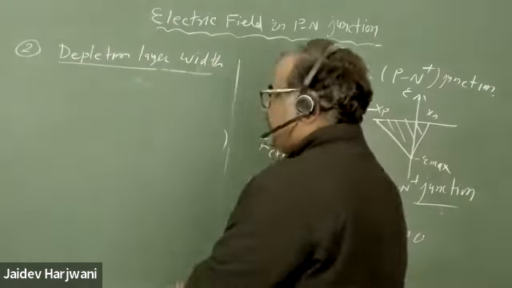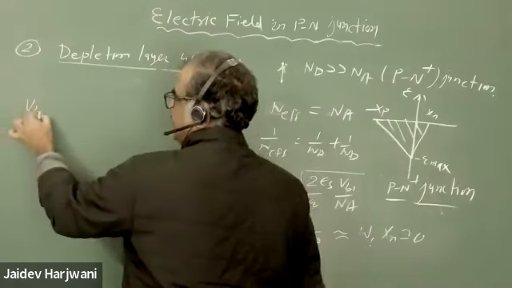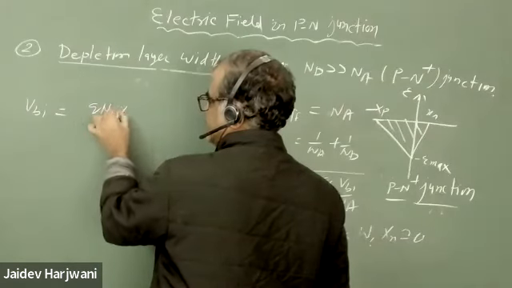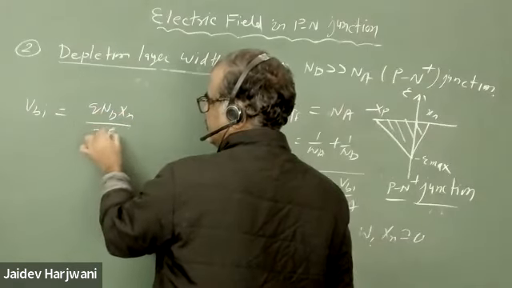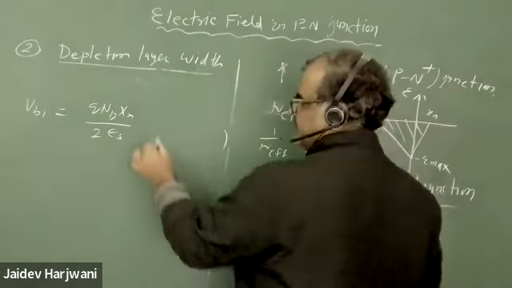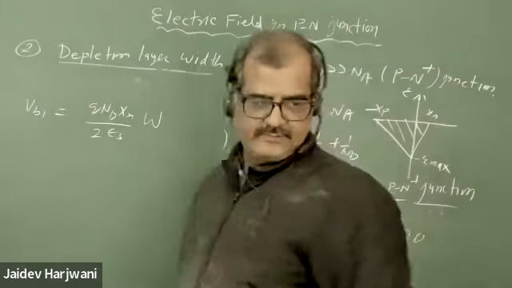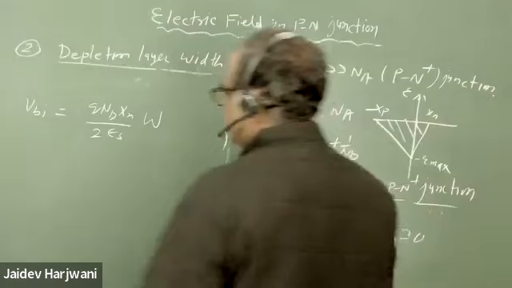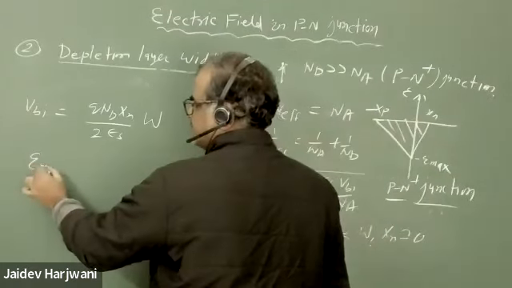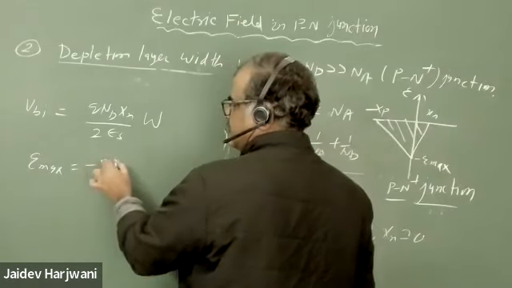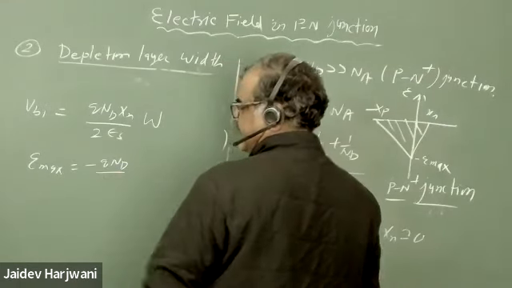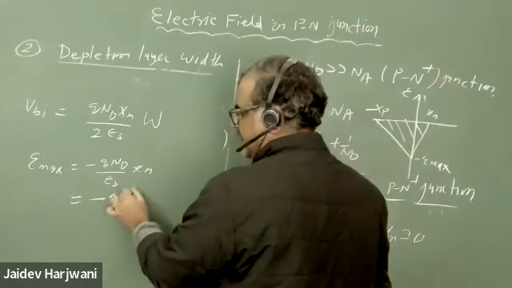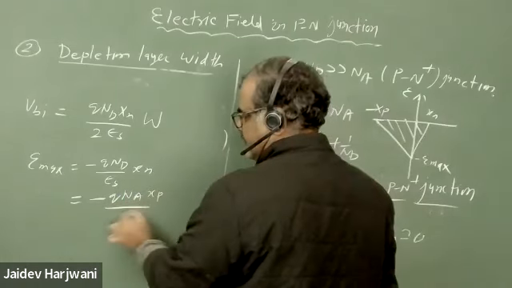I just wrote VBI equals q ND xn over 2 ES times W, that is, q over 2 ES times ND xn W. And I know what Emax is: Emax equals minus q ND by ES xn, and minus q NA xp upon ES.